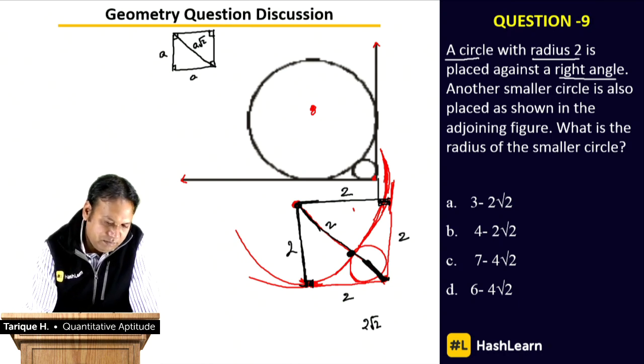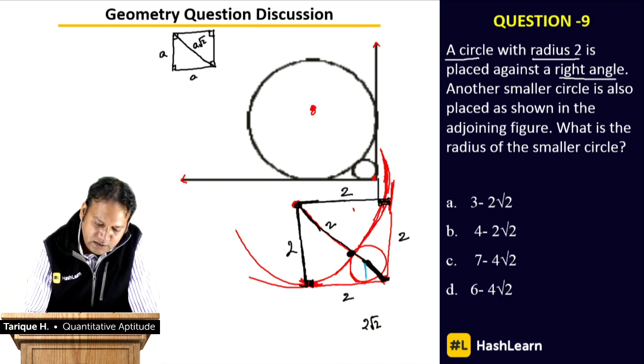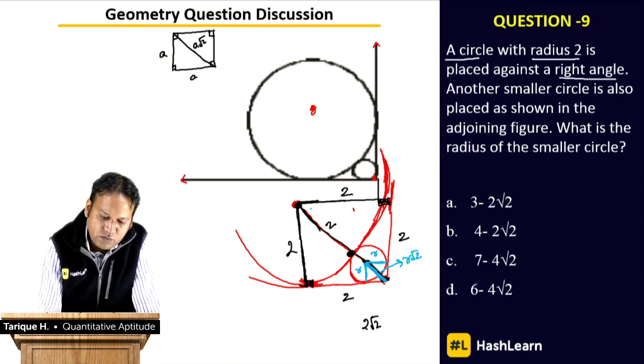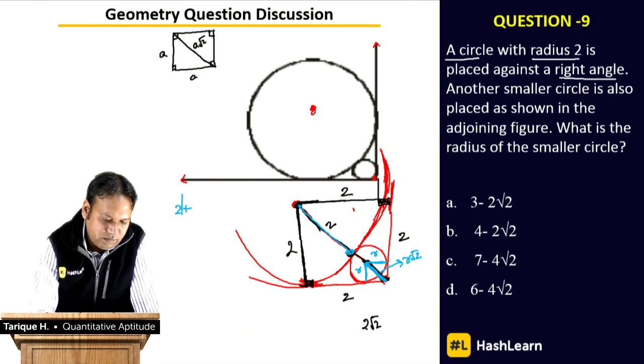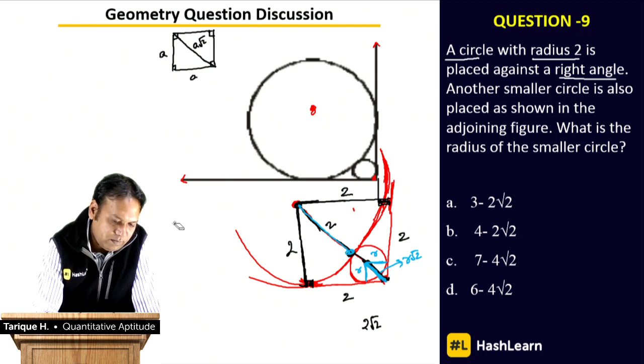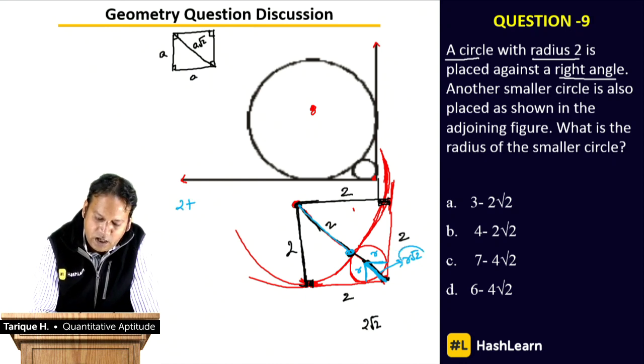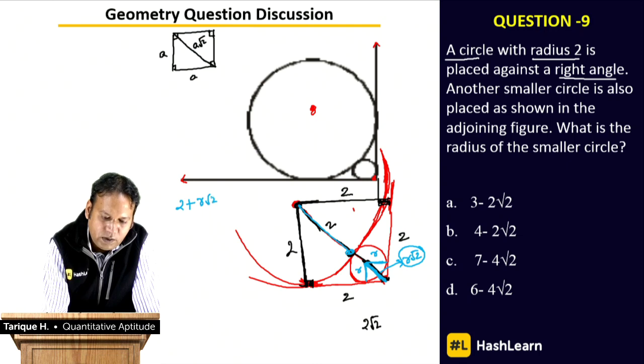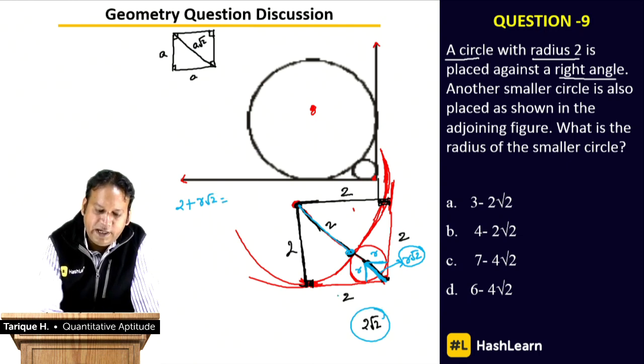And similarly, if I take another color just to show you, if I take this smaller circle and say this smaller circle has radius r, then this part from here to here will be equal to r root 2. So we can finally say that this part from here to here is 2 plus this r root 2, which is equal to the total length of the diagonal, that is 2 root 2.